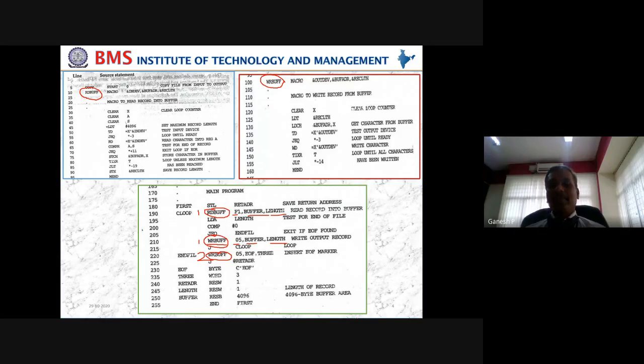Meaning that when I have A as my first macro, I have called A with 10 and 20. Next, while A is getting executed, A internally calls another macro called B, with 30 and 40. So in the normal scenario, what would have happened? Since every macro call is new, the previous macro values will be removed.